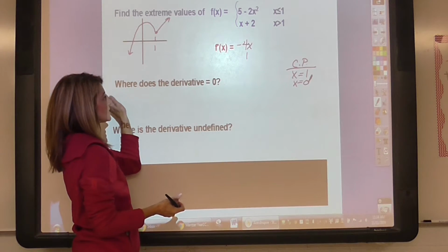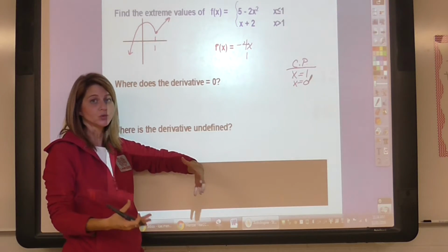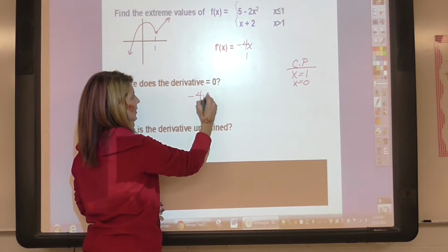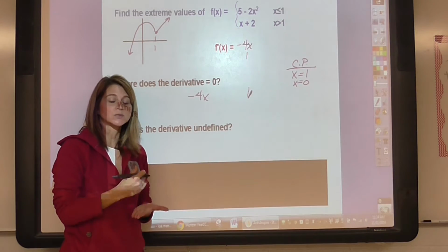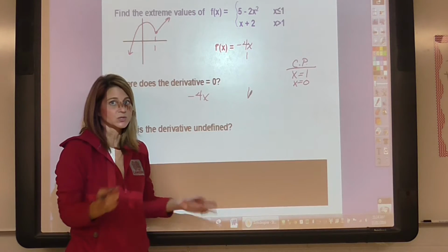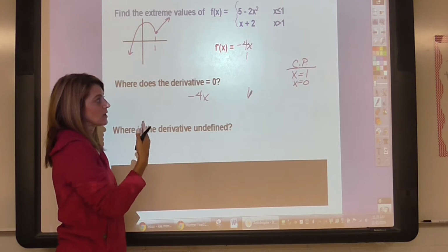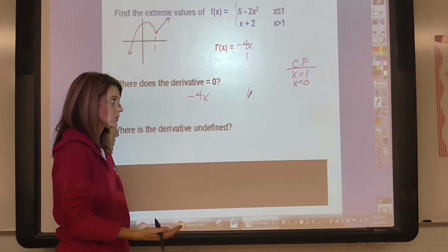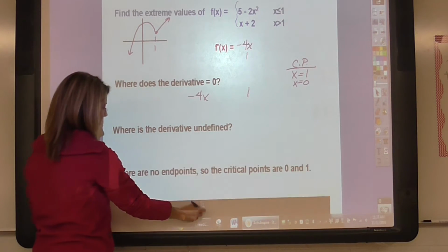I took both derivatives, and I'm thinking of where each one separately equals 0 and where each one separately is undefined. That's all. You just end up with 2 small ones. Okay, so we have our critical points of 1 and 0, and now the hardest part, believe it or not.